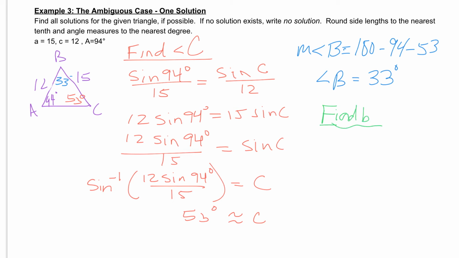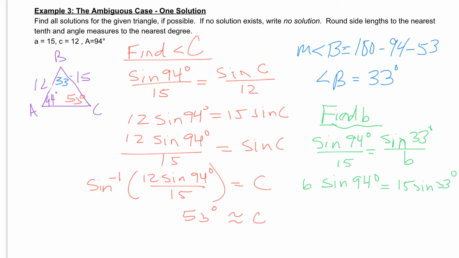To find little b, we can use angle A and side a. So the sine of 94 degrees over 15 equal to the sine of 33 degrees, which is our angle B, over little b, which is what we're trying to find. And then if we cross multiply, we have b times the sine of 94 degrees equal to 15 times the sine of 33 degrees.